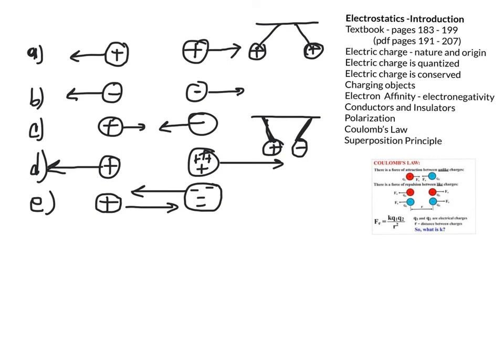But in order to add this, you're going to have to use vector methods to find the x and the y component of each vector, and then add those. You can see that the two x components are in the same direction, but the y components are in opposite directions, and then you have to take those components and add them, and then you have to reconstruct the vector.